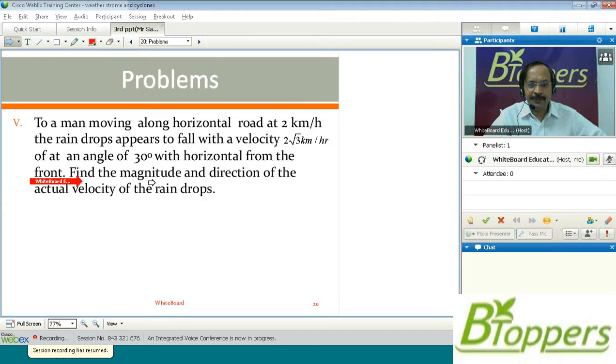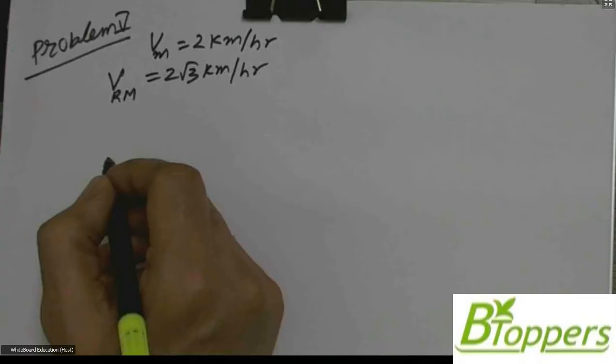Find the magnitude and direction of the actual velocity of the raindrops. Look at the solution of the problem.